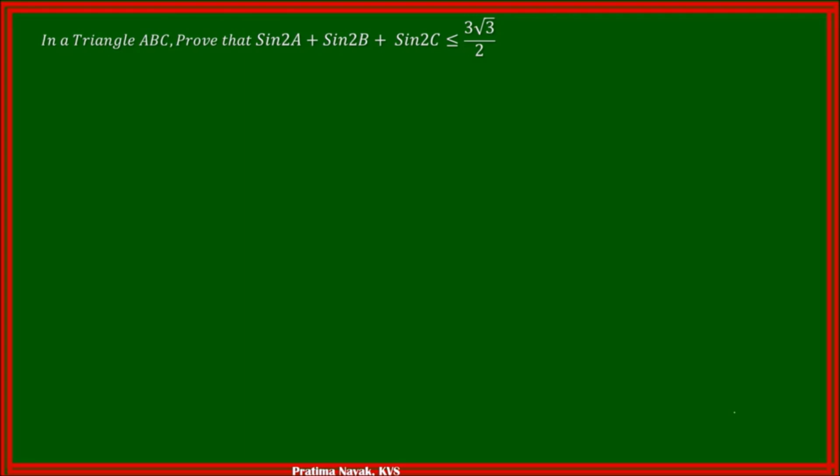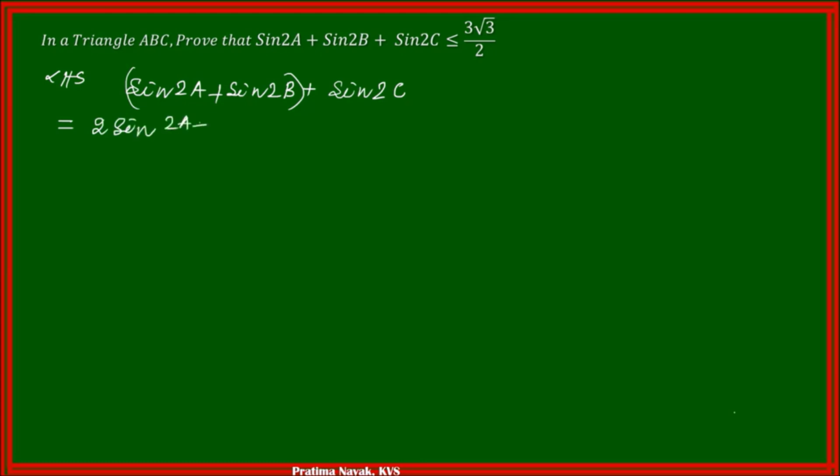So LHS equals sine of 2A plus sine of 2B plus sine of 2C. I am applying the formula for sine x plus sine y, that will be 2 sine of (x plus y) by 2.